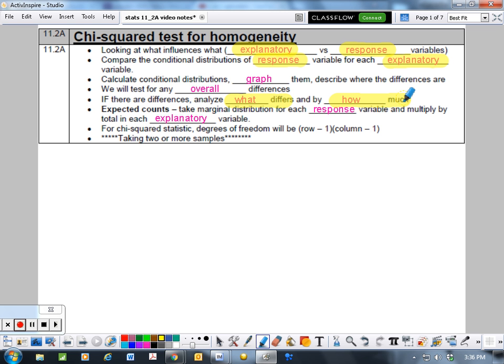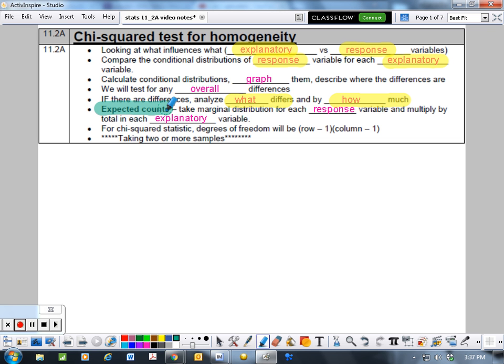In our test, we're going to look at expected counts, but it's a little different now. If you're looking at favorite colors between males and females, to calculate expected counts I'm going to look at the total proportion for each color when I pool the males and females together.